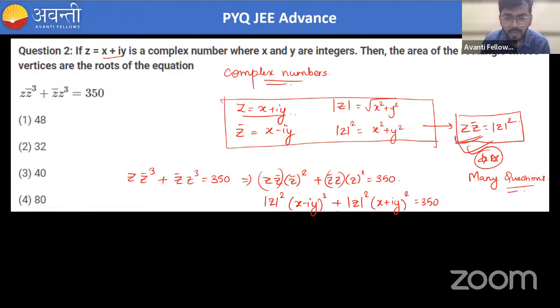So now guys, can I take mod of z square common, and inside we will be left with x minus iy whole square plus x plus iy whole square is equal to 350, right? So I will be solving this in the next slide further.